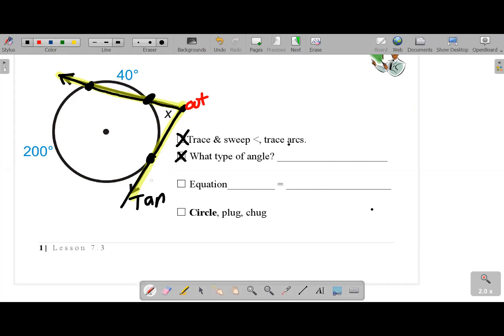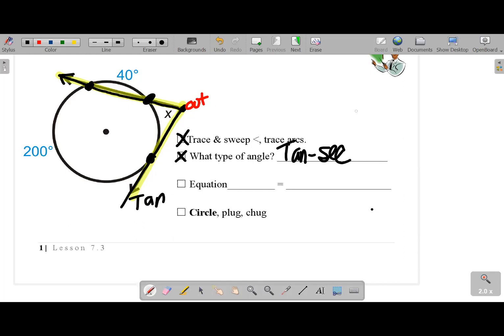Look on your chart. Starts on the outside. Starts with an S. Tan secant. Yes, that's a tan secant, or secant tangent, same thing.